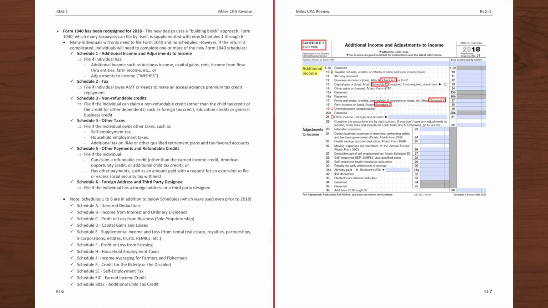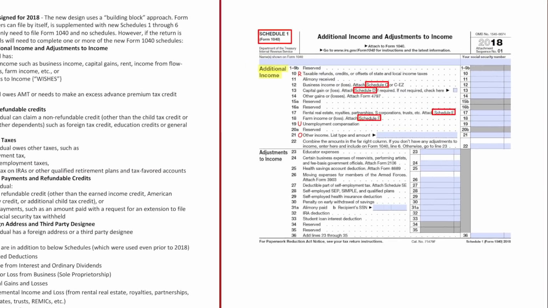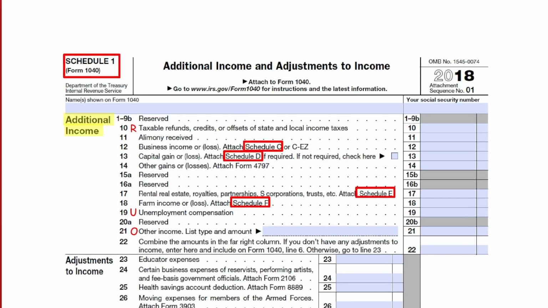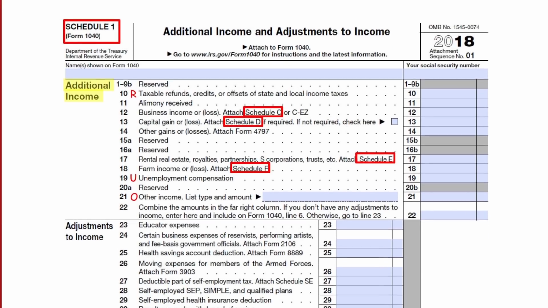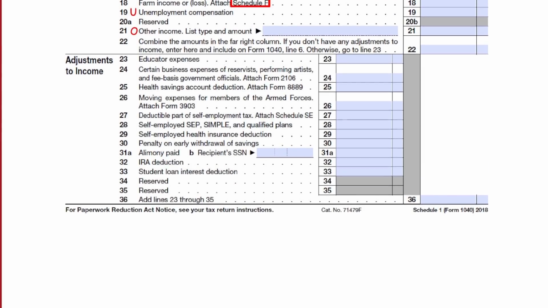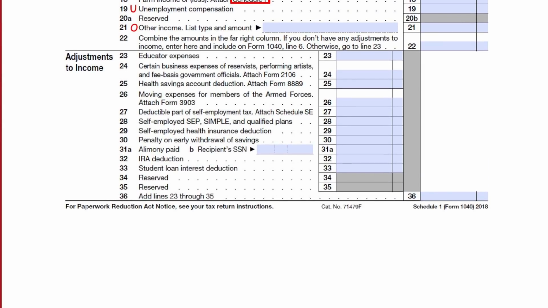Flip to page 7, where we've got Schedule 1 to Form 1040. And the second section of this schedule is, highlight, adjustments to income. Look at line number 36, which says add lines 23 through 35.